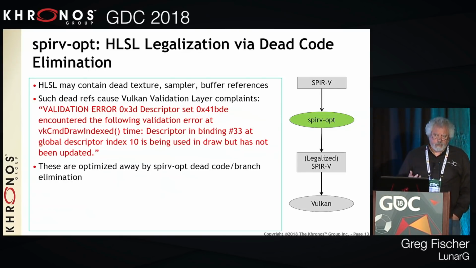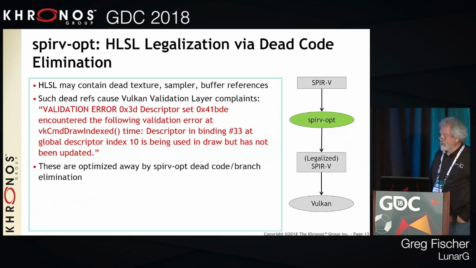In these shaders, we had dead references to textures, samplers, and or buffers, and the calling application knew that these were dead, and so they weren't binding these objects. However, the validation layer would throw an error. It would say you have references to these objects, but they're not bound by the outer application.